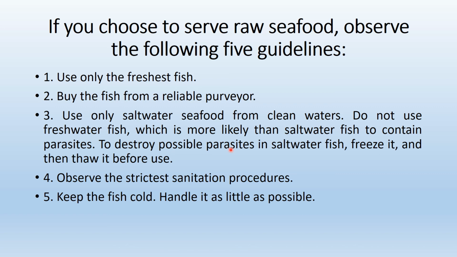Try to use gloves, rubber gloves or latex gloves, to handle those, because they are raw, and they tend to get contaminated very fast. So those are the five guidelines you need to observe whenever you're going to be working with raw seafood. And that goes for everything: crab, lobster, shrimp, fish, everything that is raw that comes from seawater.